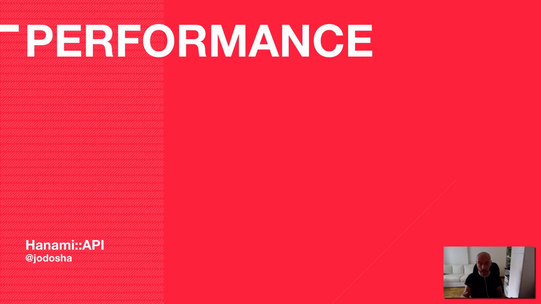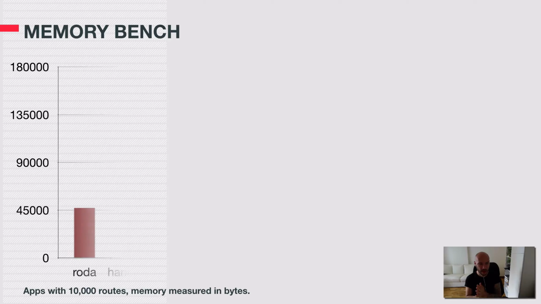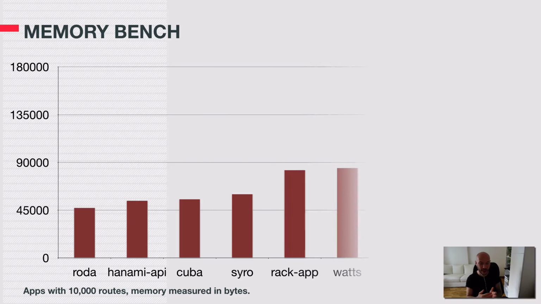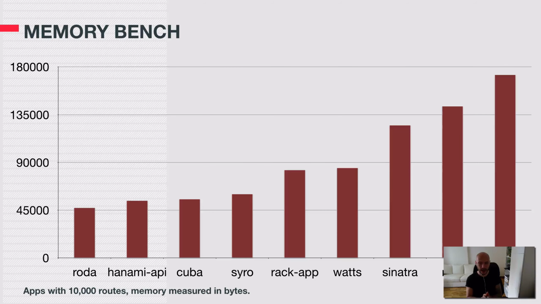It does two things. One is it measures the memory footprint of an app. You have an app with 10,000 routes, and it says, okay, just booting it up, how much memory does it take? If we see the results here, Roda is the winner with 47 megabytes, and Hanami API is second with 53 megabytes.